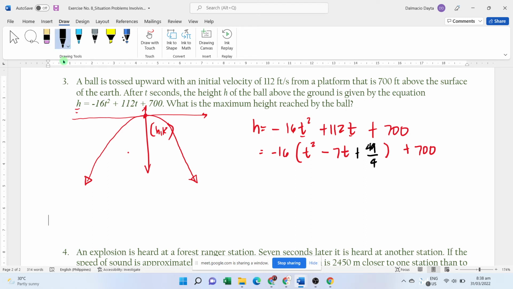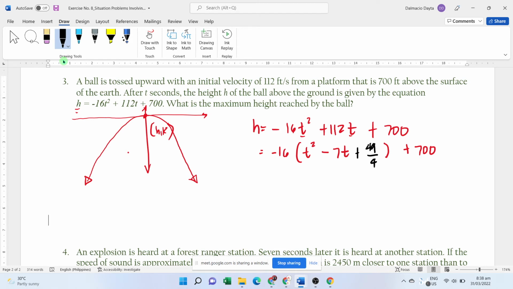But in fact, we are multiplying 49 over 4 by negative 16, so we subtracted negative 16 times 49 over 4. 4 times 49, that will be 163 plus 36. We will subtract 196.